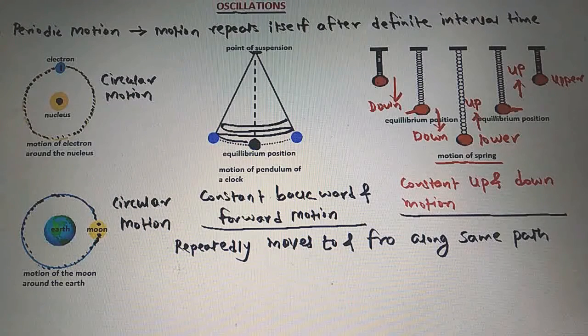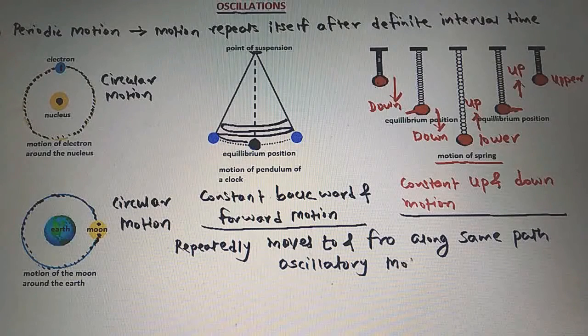So in a periodic motion, a particle or a body repeatedly moves to and fro along the same path. This motion of a particle or a body is called oscillatory motion.